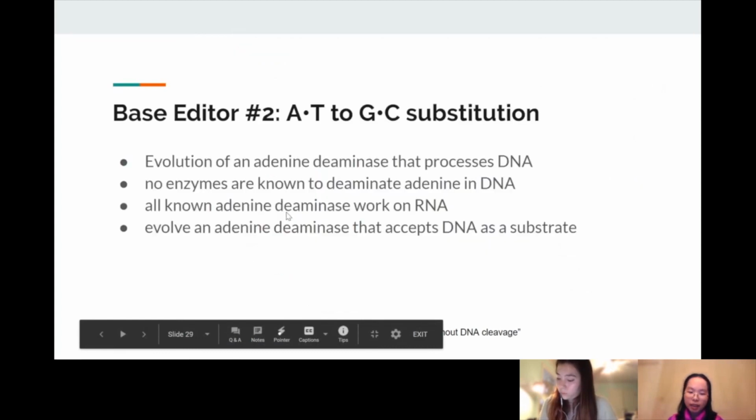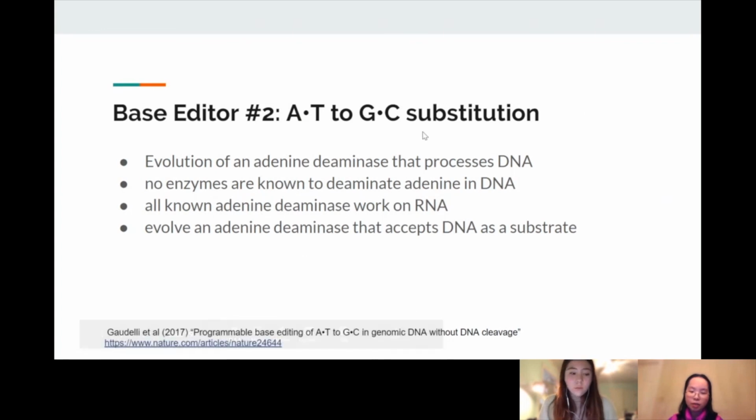All of these adenine deaminases, which are enzymes that turn that AT into a GC, work on RNA rather than DNA, and they're not effective on DNA. So what the lab did is that they evolved this adenine deaminase that accepts DNA as a substrate. So then you can get the AT to GC substitution on DNA.